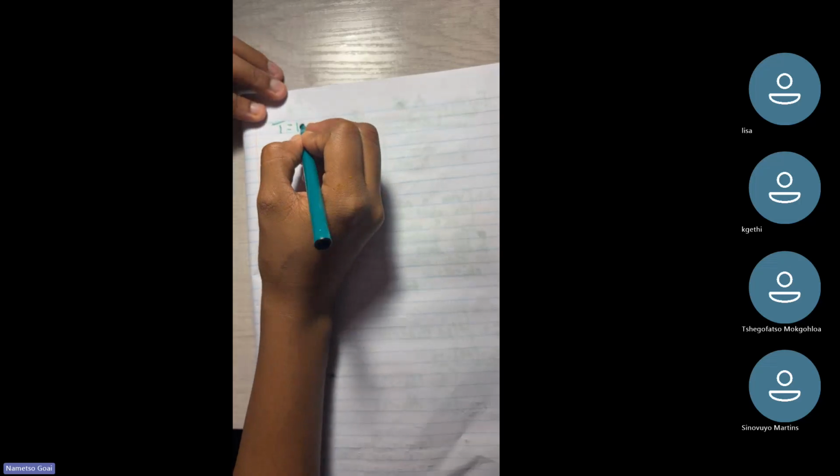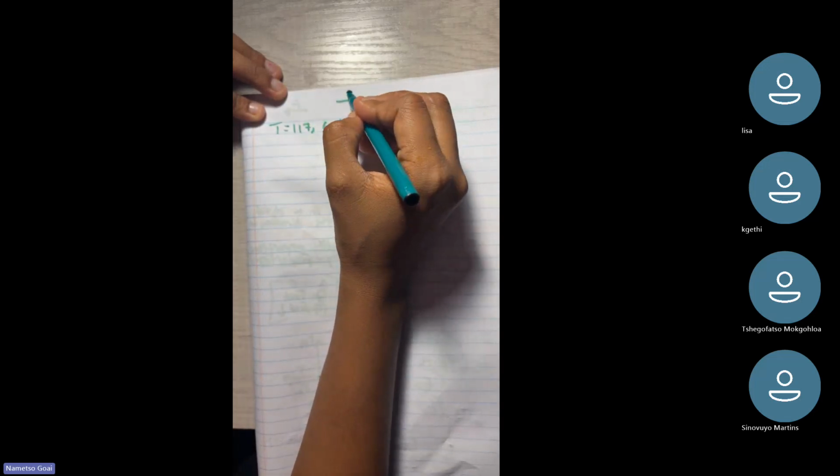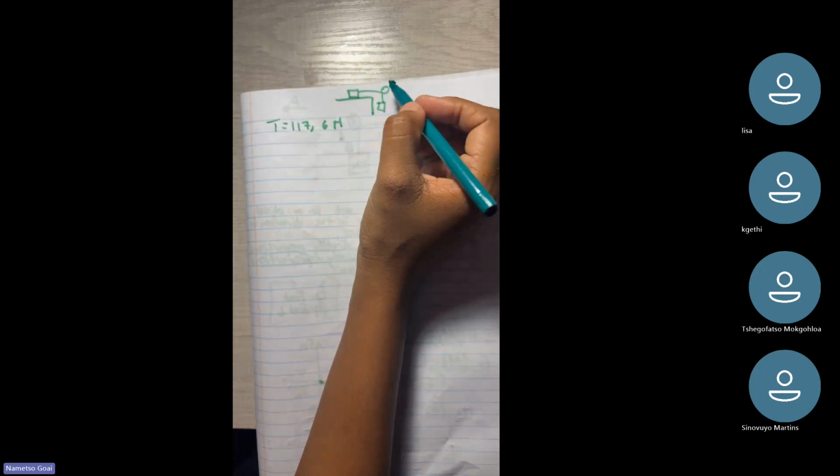Now let's go to question 1. We got our tension as 117.6 Newton. Remember, the system looks like this: we have a block B and an A over here, connected by a light inextensible string.